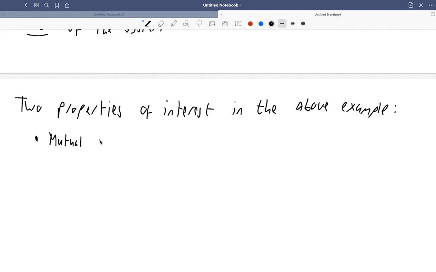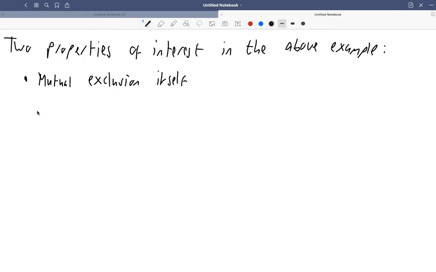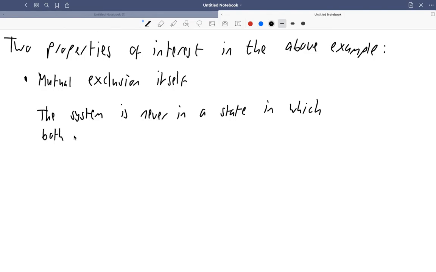So mutual exclusion itself. And we can express this as: the system is never in a state in which both process 1 and process 2 are critical simultaneously.